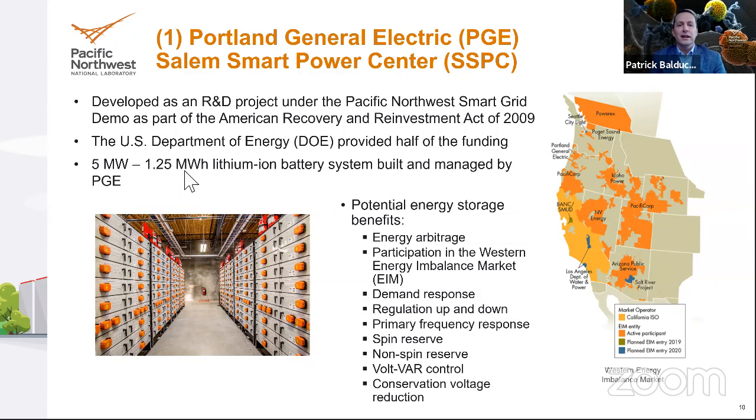We modeled 9 value streams, but a smaller number than that generated positive economic value after the co-optimization procedure was completed. You would be correct in noting that it is a shallow energy storage system, with an energy to power ratio of 0.25, which means if you provide full power output for 15 minutes, you would deplete the energy in the battery system. And that has significant implications for the economics of the system.